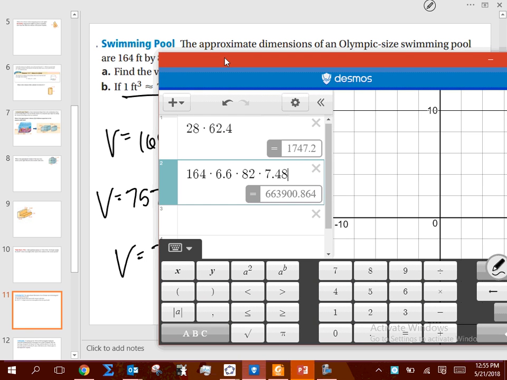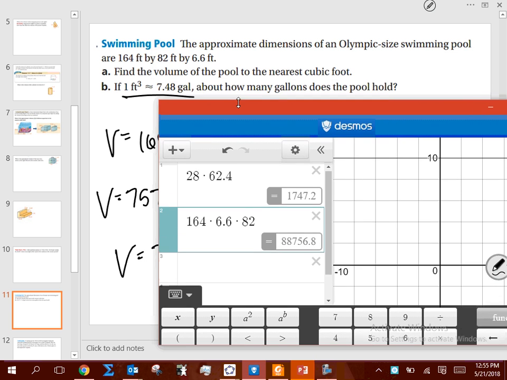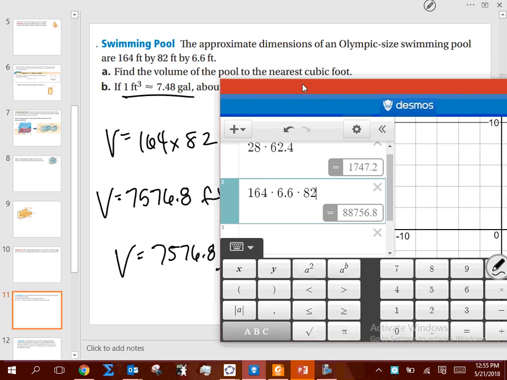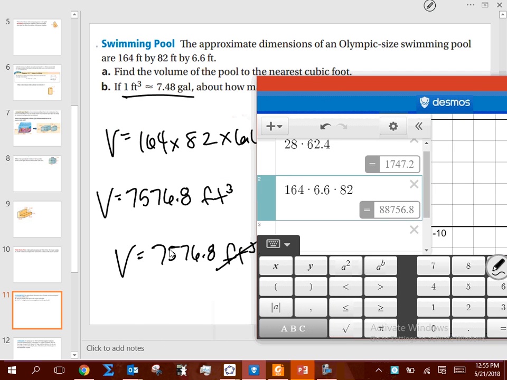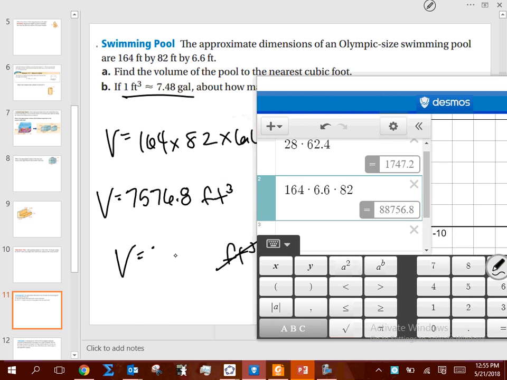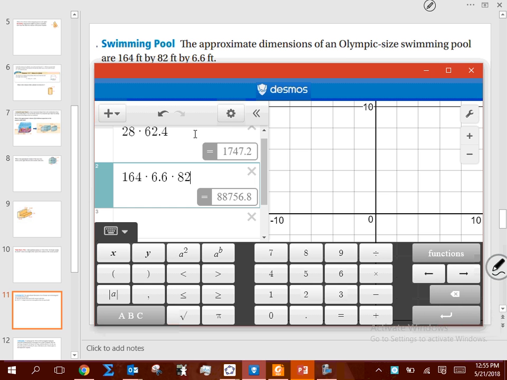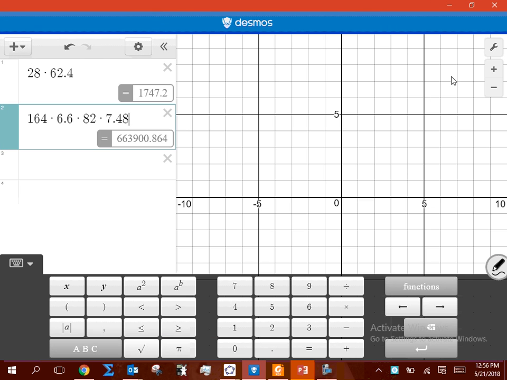Hold on a second. 164 times 0.6 times 82, right? Okay, so you told me this number wrong. That number is 88756.8. Then we'll multiply that by 7.48, and that's how many gallons that is.